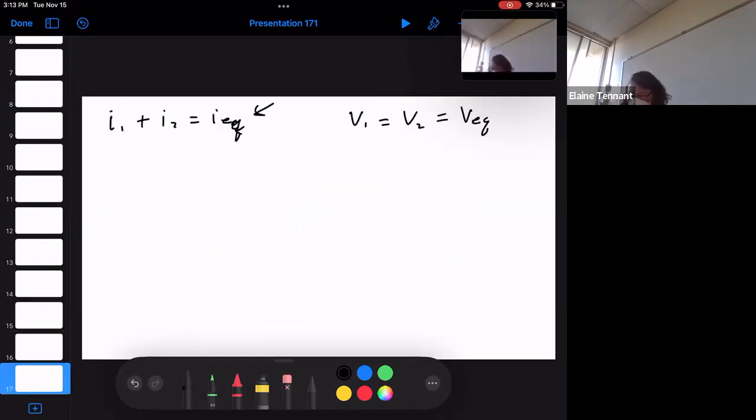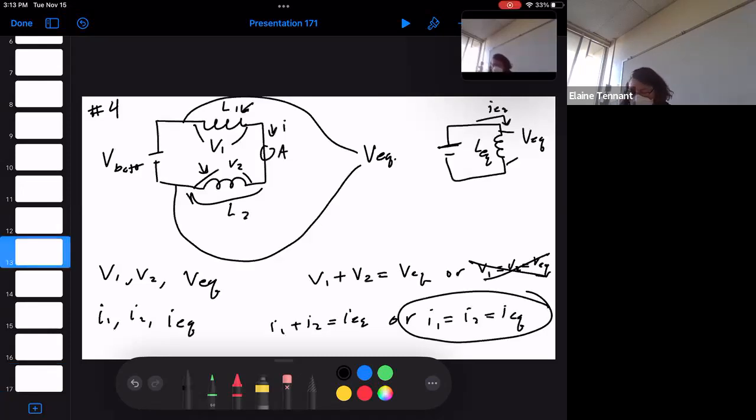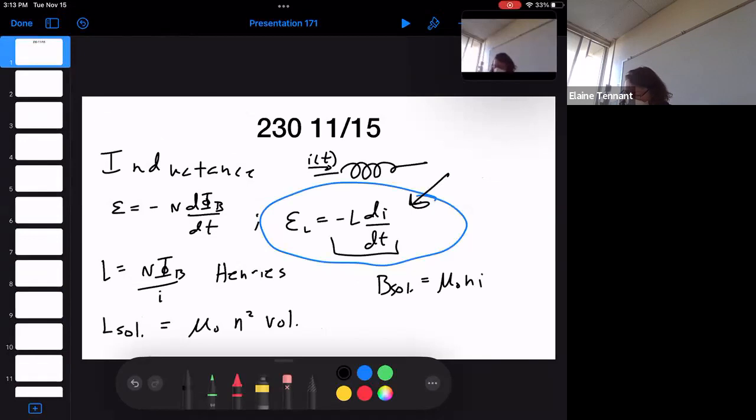Where if this is true, certainly we could take the derivatives of this whole thing, right? We could say dI1/dt plus dI2/dt equals dI_eq/dt. And now going back to here, I can say dI/dt equals the voltage over the inductance.